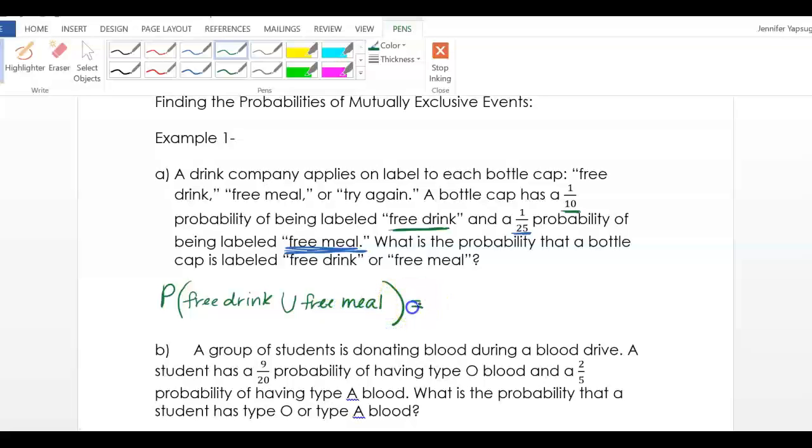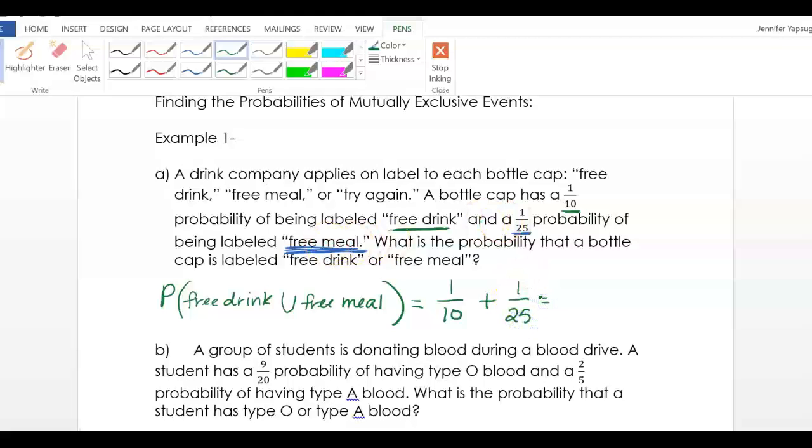So we first find the probability of a free drink. They told us in the problem that it was a 1/10 probability. So that's 1/10. And we're going to add the probability of a free meal, which we were told was 1/25. So it's 1/25.